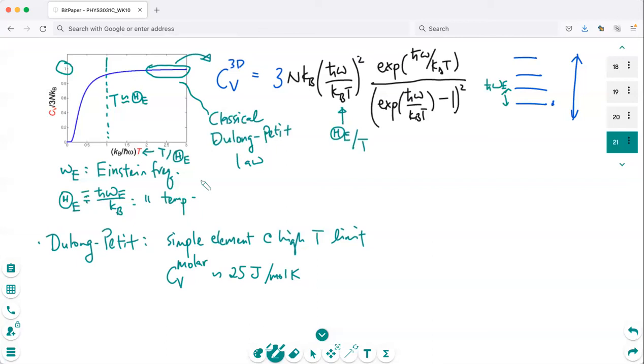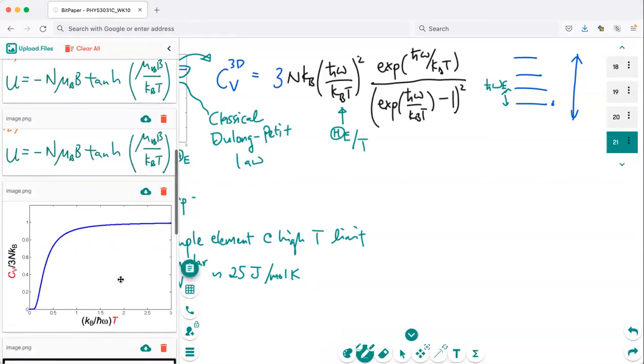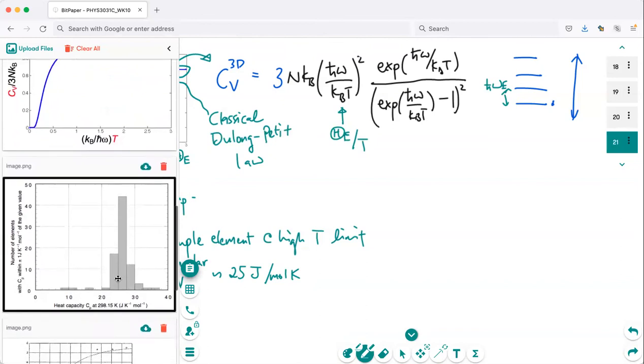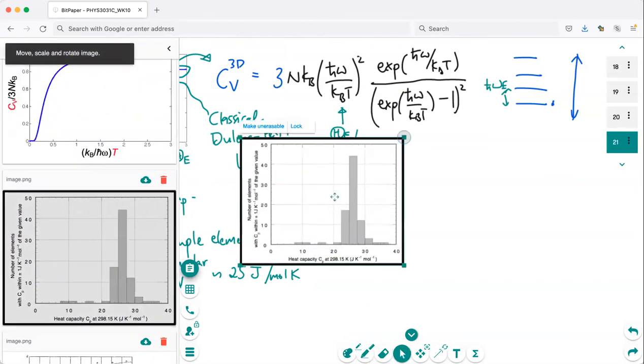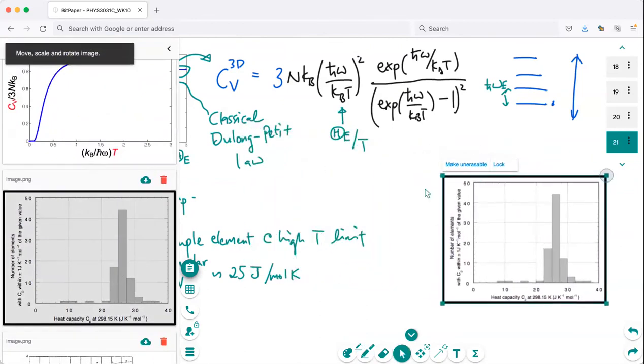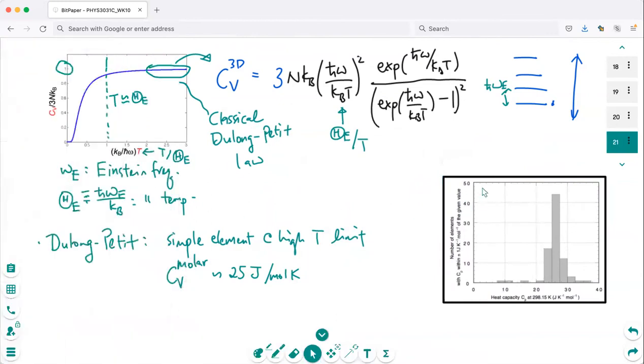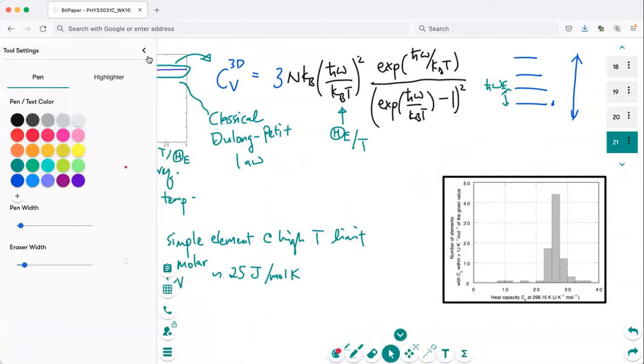You might have seen this from other courses or maybe from chemistry. What I can give you is a table. Sorry, not a table, a histogram. This is something I found from another textbook. There's a table, but I didn't copy the table for you.